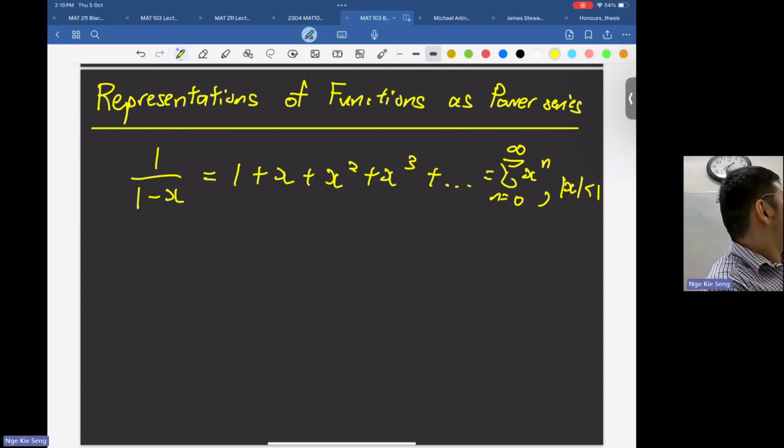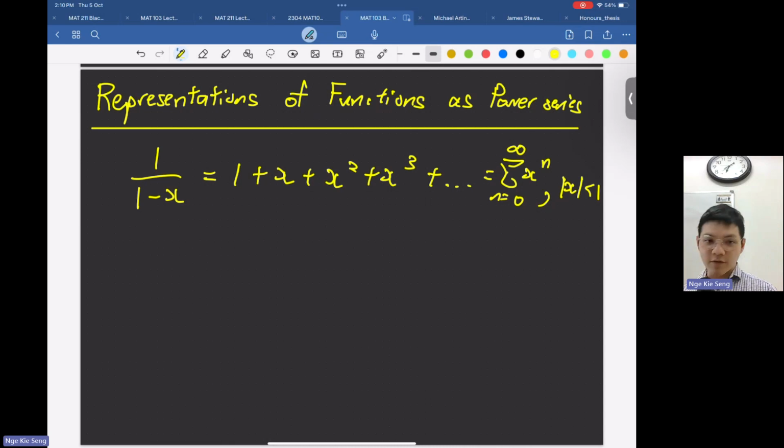So this is a basic equation. If you add up 1 plus x plus powers of x, that equals 1 over 1 minus x, only when the absolute value of x is less than 1.